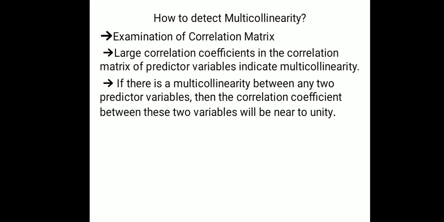Large correlation coefficients in the correlation matrix, near to 1, between predictor variables indicate multicollinearity. If there is multicollinearity between any two independent variables, the correlation coefficient between them will be near to unity.